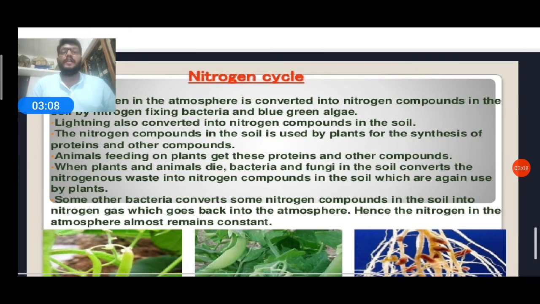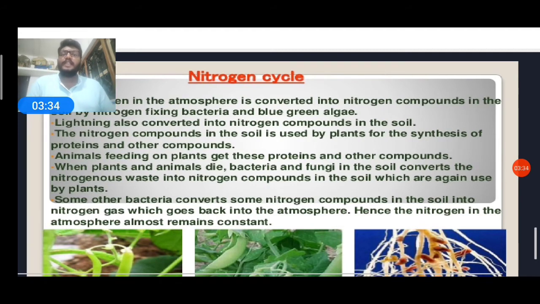Nitrogen fixed in the soil is used by plants to synthesize food, which may be protein or other compounds. Animals feed on the plants and get proteins as well as other nitrogen compounds.